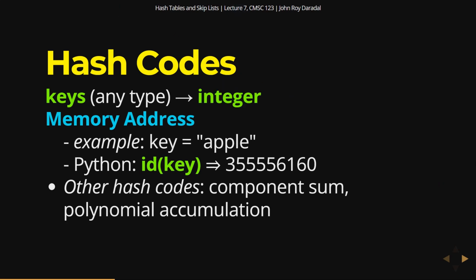Okay, so earlier what we did for our hash code was very simplistic. We just took the first letter and converted it into a number, right, using ORD. But you can do much more complex stuff with your hash codes. Okay, so that's the first part of the hash function.